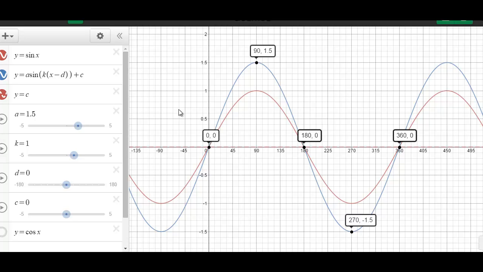The amplitude, therefore, is the distance between the top and the bottom, but cut in half, or the distance from the maximum to the middle, or the minimum to the middle. In both these cases, it's 1.5, which is the a value. So an easy way to remember this is the a value is the amplitude.